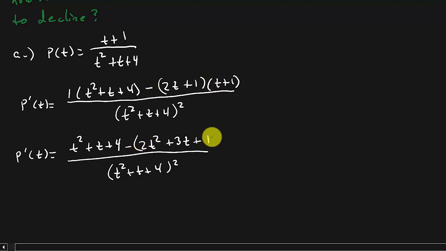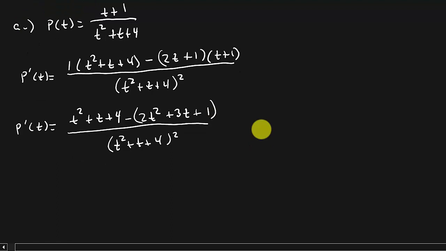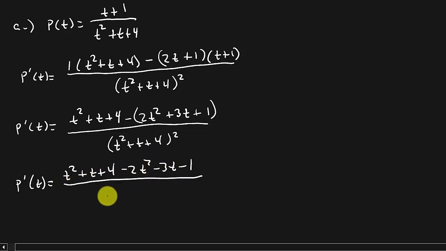You've got to make sure that whole thing is in parentheses, because you have to distribute that negative. So we get P prime of t is equal to t squared plus t plus 4 minus 2t squared minus 3t minus 1, all over t squared plus t plus 4 squared.